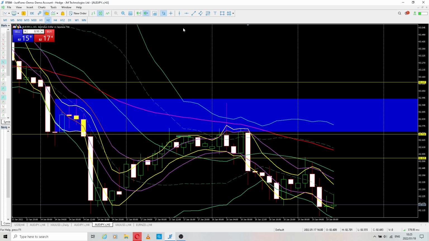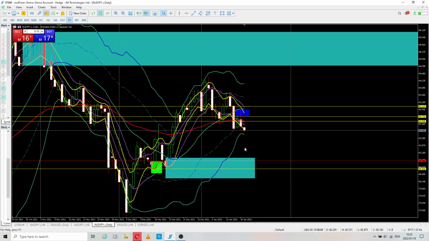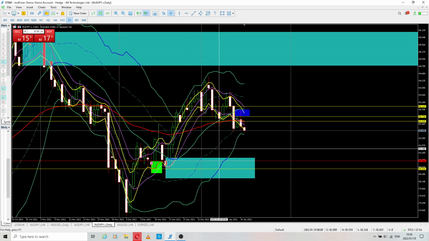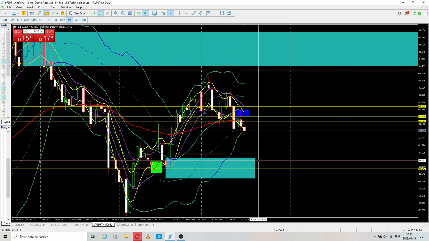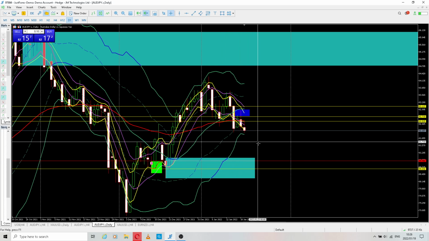So we are still in this trade, guys, and remember the area that I'm looking for is this area here. This is the area that I'm looking for the market to come to.